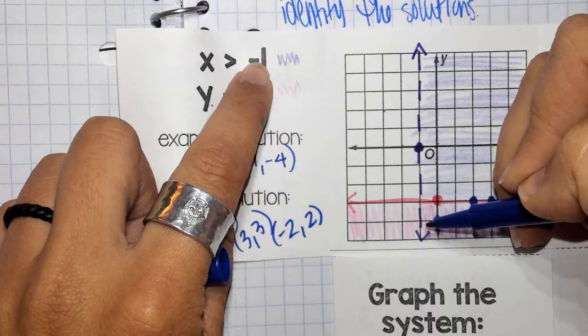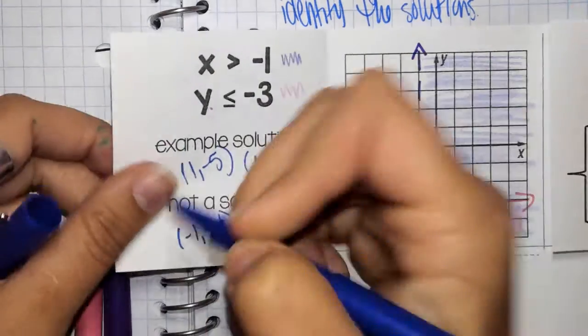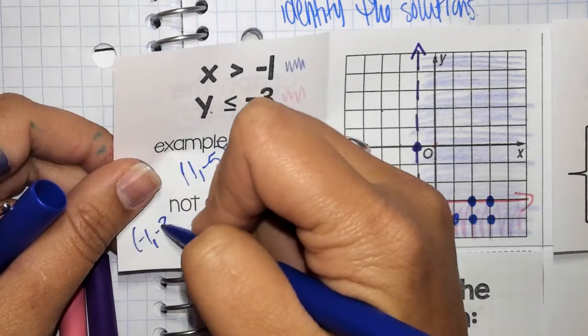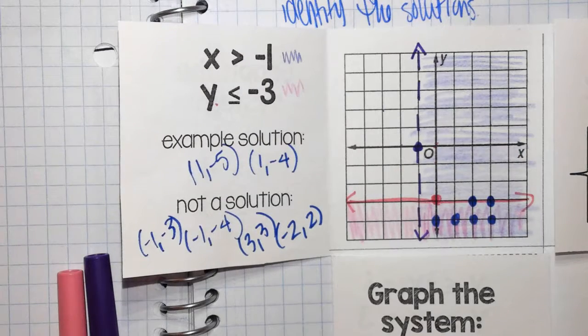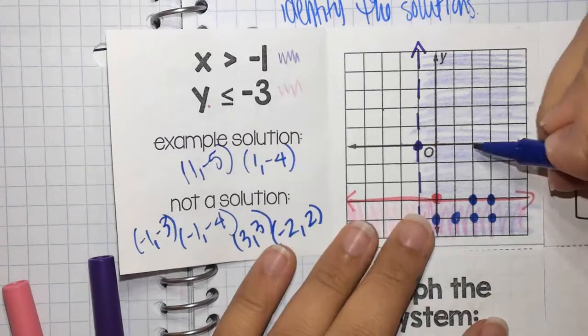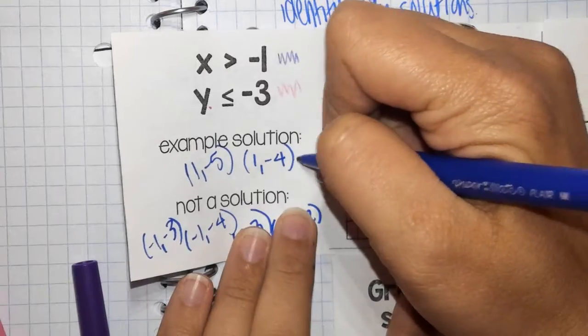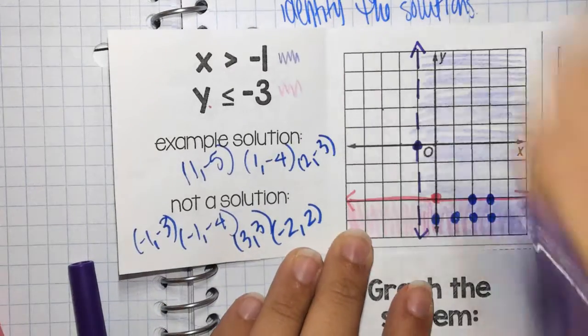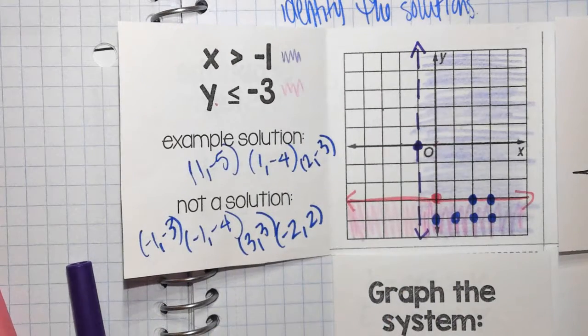So can it be -1? No. So -1, -3 is not a solution. When it's a dashed line, it can't be on the line. When it's a solid line, it can be. So 2, -3 is a solution, because it's on the line and it's a solid line.